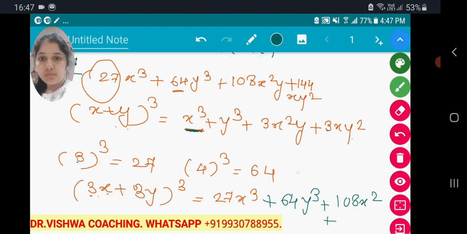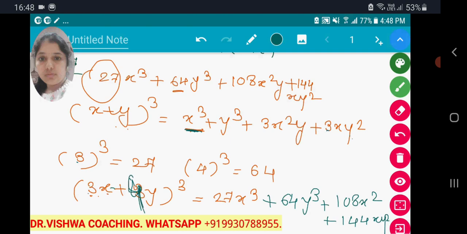So 16 multiplied by 3 multiplied by 3, that is 16 9s, which is 144xy square.